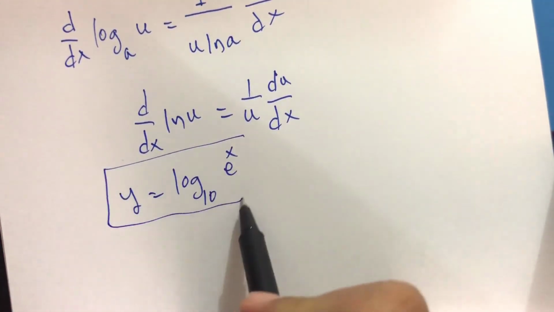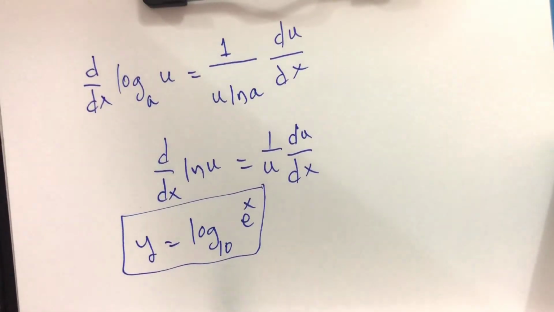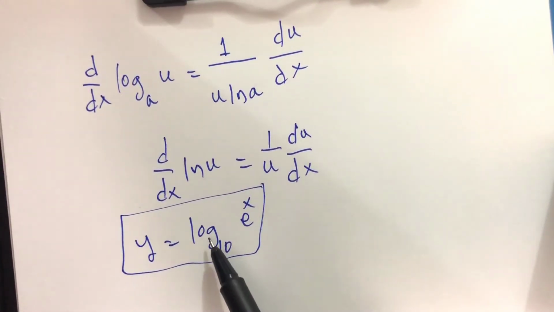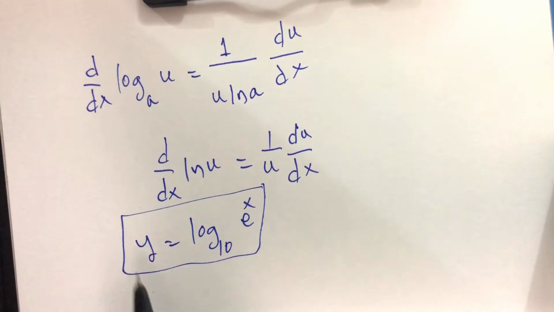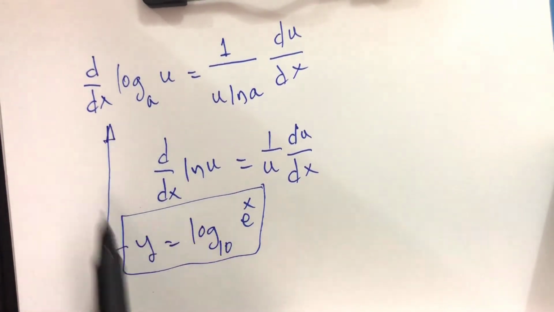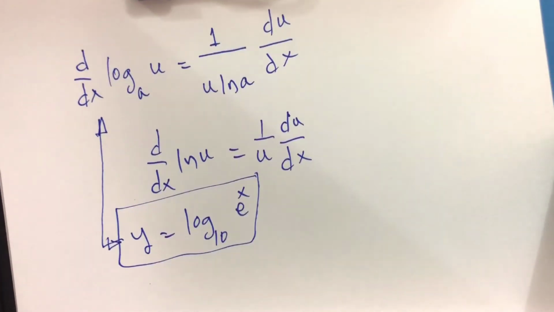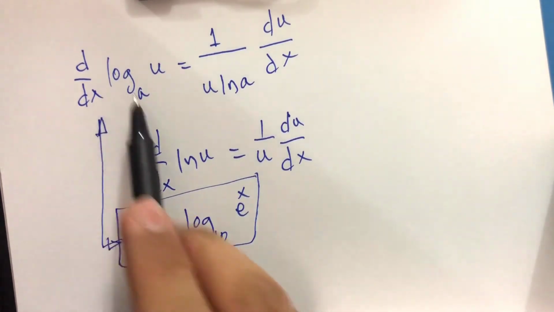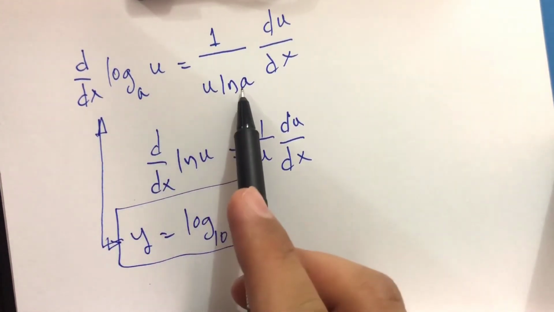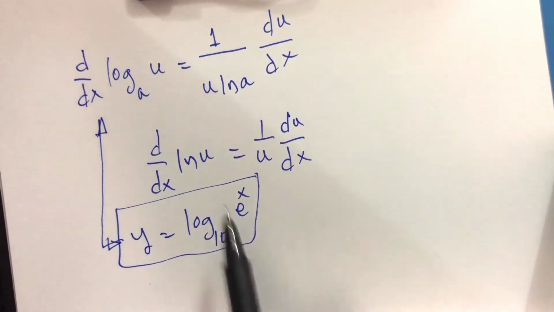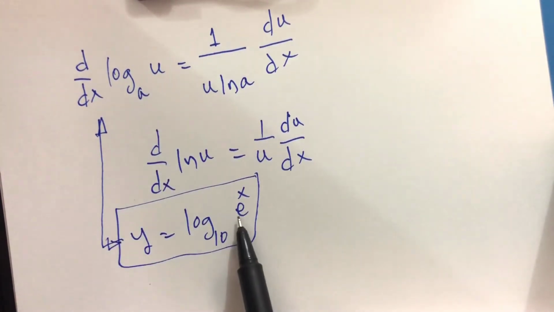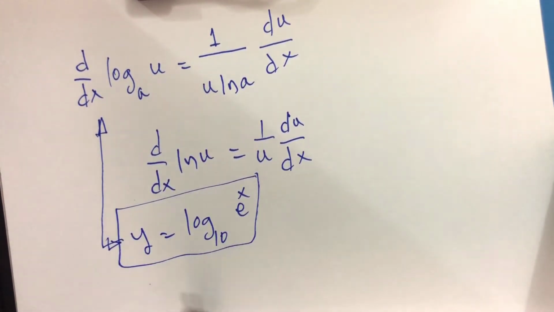If we make a comparison between this function and the general one, we can see that a here is 10 and u is exponential x, so all I have to do to find the derivative of this function is to identify a and u.